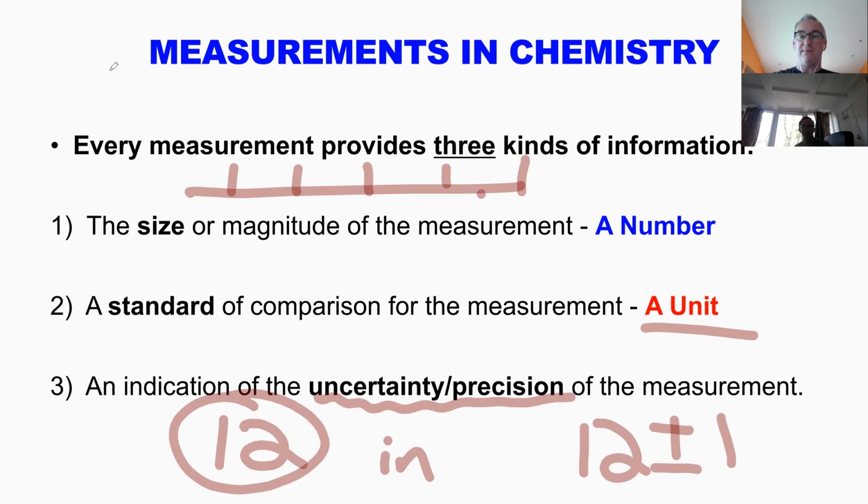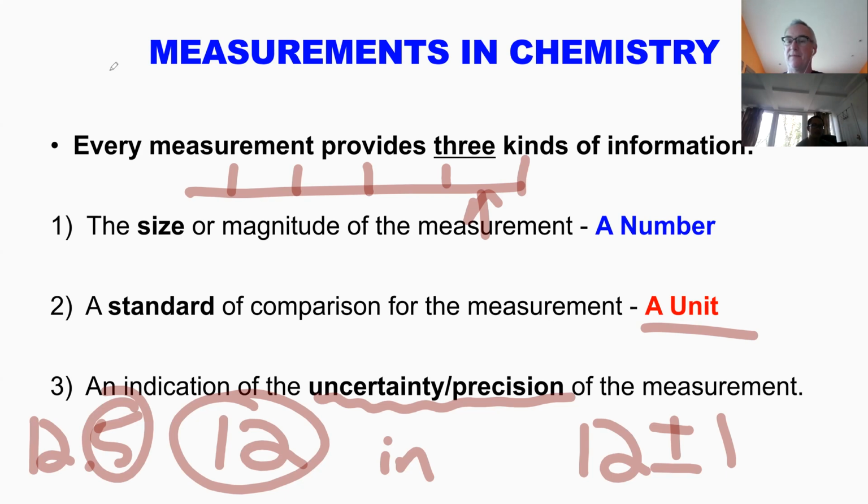Let's say if it was right in the middle here, then I'd say 12.5, because I have estimated the last digit. The same is true when I said 12. I estimated this. I know it's more than 10 because I know my finger's like 6, and it took precisely 2 lengths to measure something.